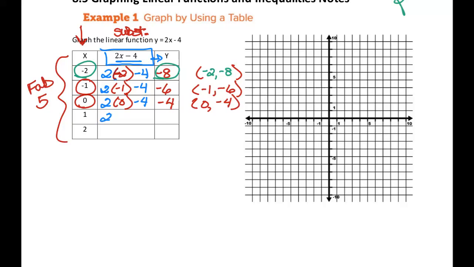Then we have 2 times 1, -4. 2 times 1 is 2. 2 minus 4 is -2. And that gives me the point 1, -2. And the last one, 2 times +2, -4. 2 times 2 is 4. 4 minus 4 is 0. So that gives me the point 2, 0.